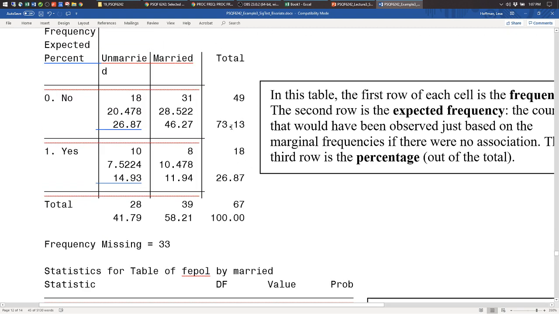It means that being married is associated with being more likely to be okay with women, the lower of the categories. A higher value on this variable is more likely to be associated with a lower value on this variable. And you can confirm your understanding of that by looking at this. Yes, there are fewer people here than expected.